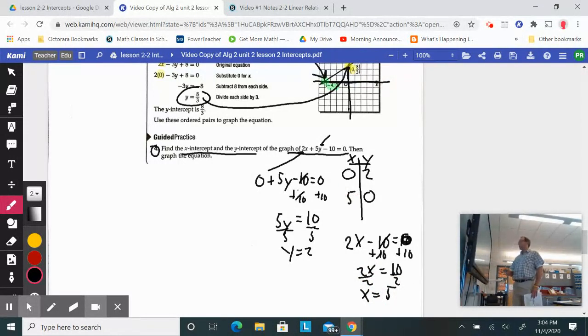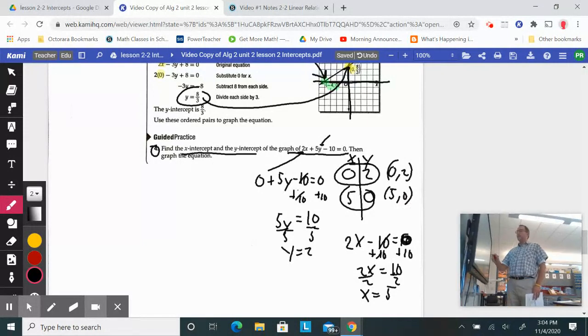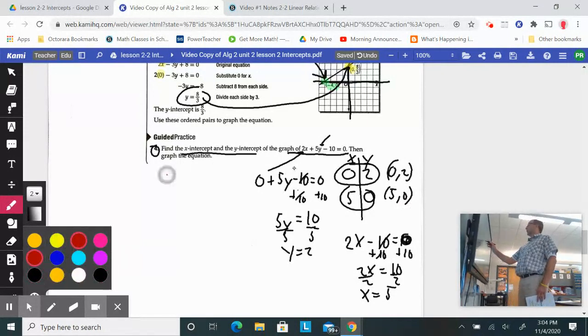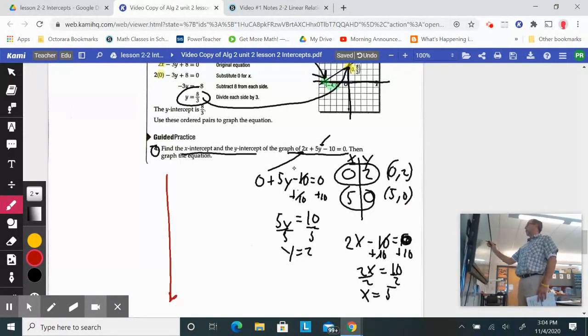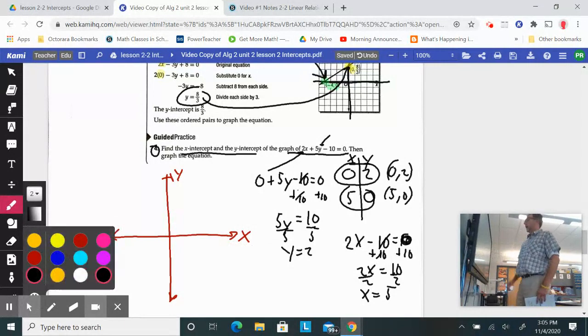So when you keep a t-chart, you have these inputs and outputs, which are really ordered pairs. So this is really 0, 2. And this one here is really 5, 0. Then to graph it, let me use red for my y and my x axes. And I'm going to graph 0, 2.